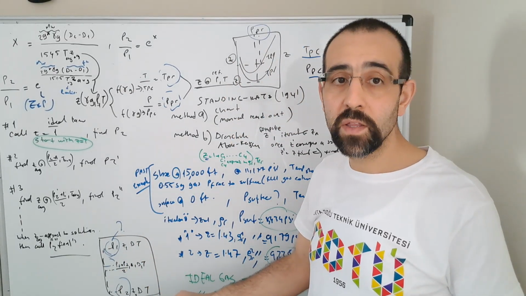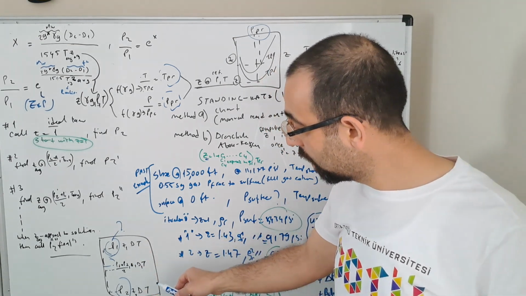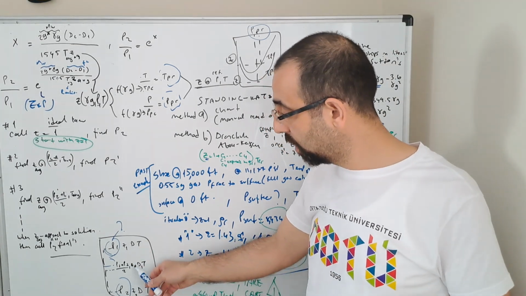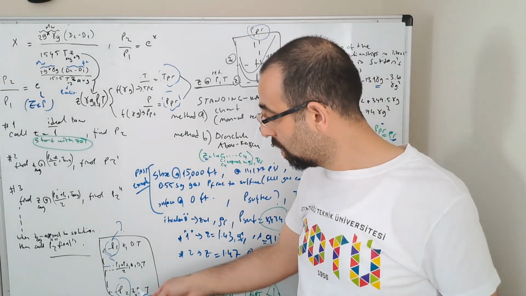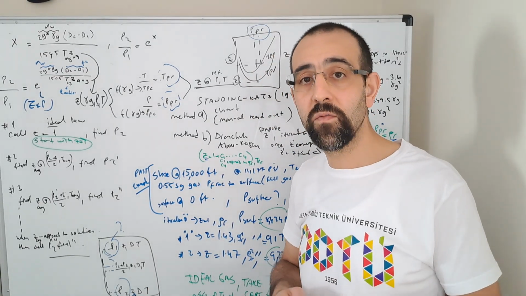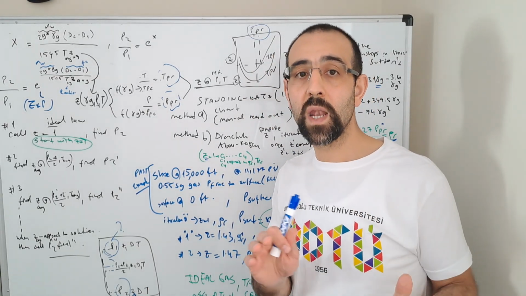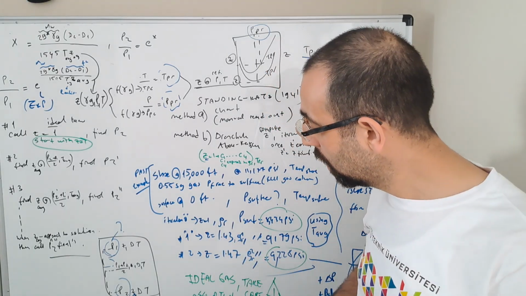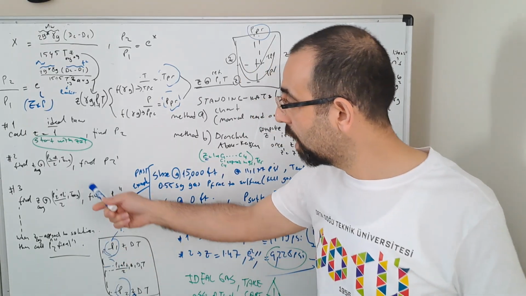We have the specific gravity, and we need to start by assuming a compressibility factor of 1. So we will start with an ideal gas scenario.